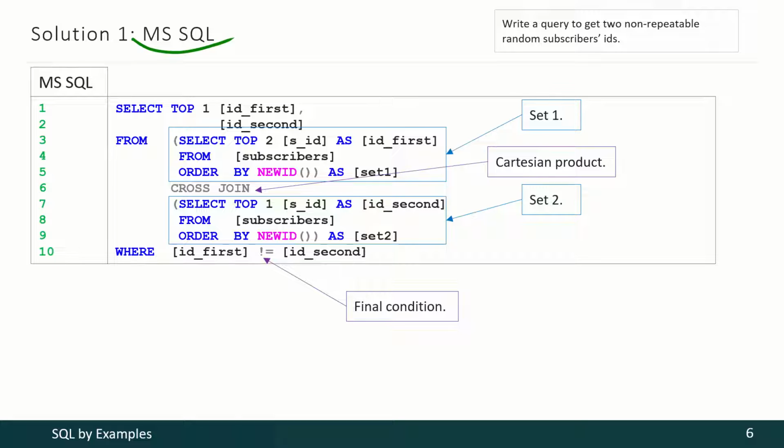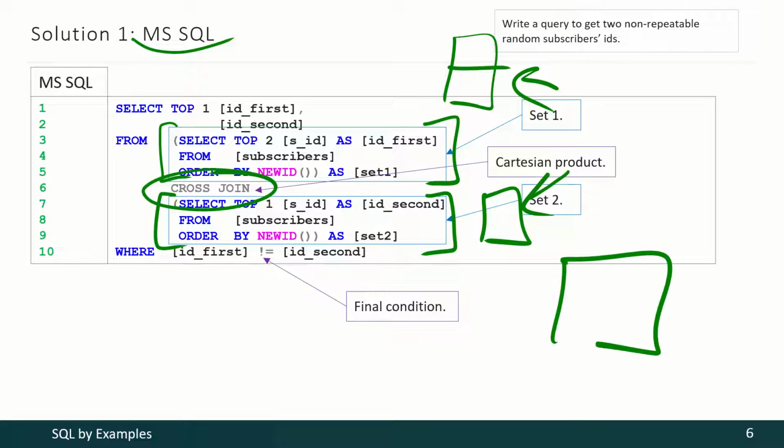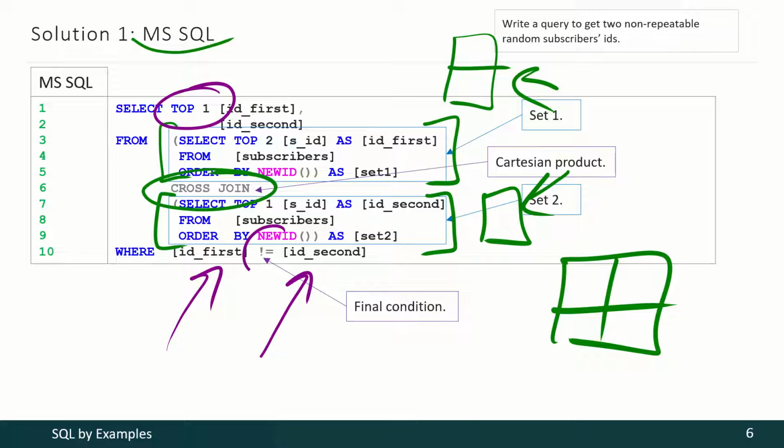For Microsoft SQL Server, the idea is exactly the same. This first subquery produces the set of two values, and this second subquery produces the set of one value. Then we have to produce the Cartesian product of these sets, and the result will be the next. And then we only have to select one row where the first and the second value are not the same.